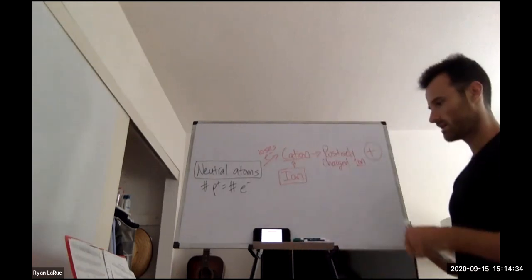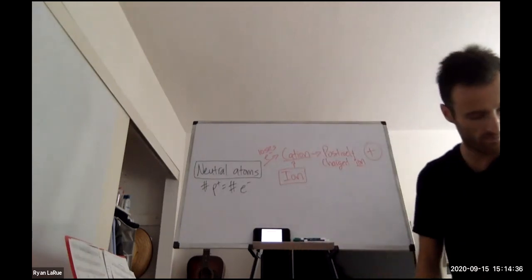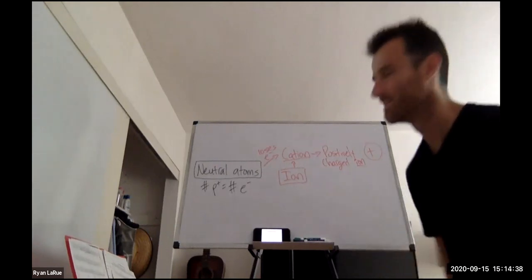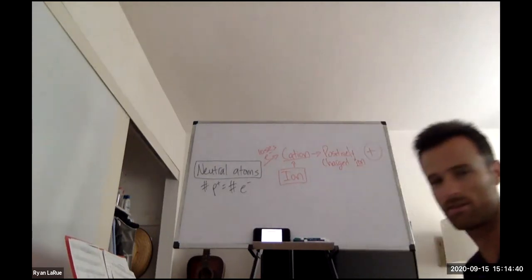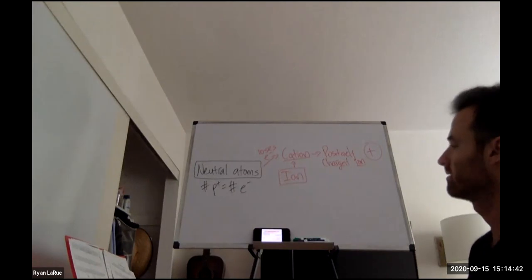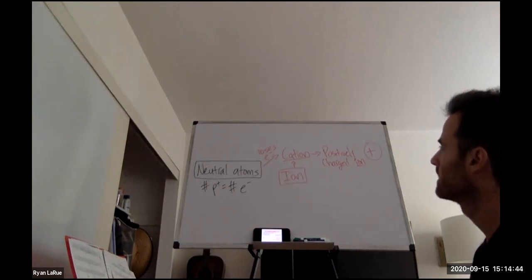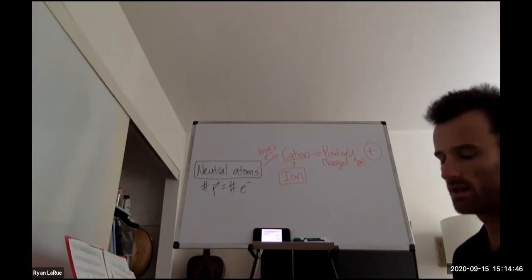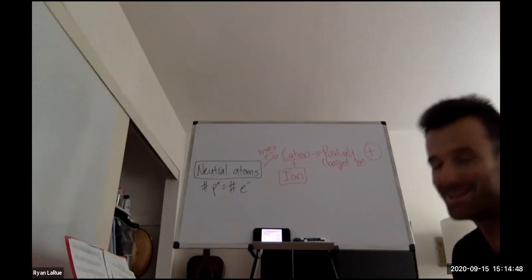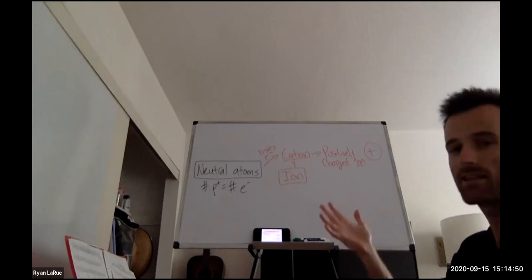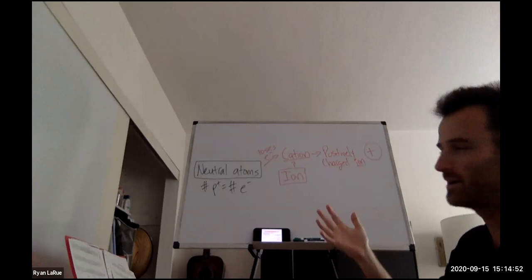Now, a funny way to remember this, just as things I've heard over the years of learning chemistry and biology. If you like cats, then cats are positive in your life. There you go.